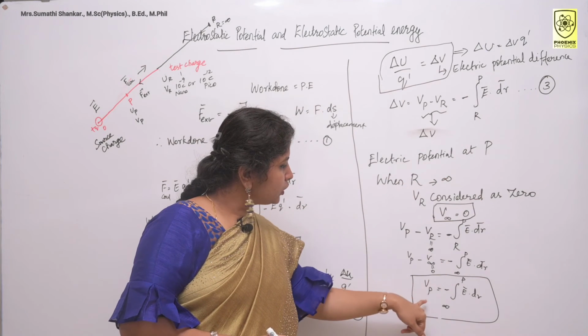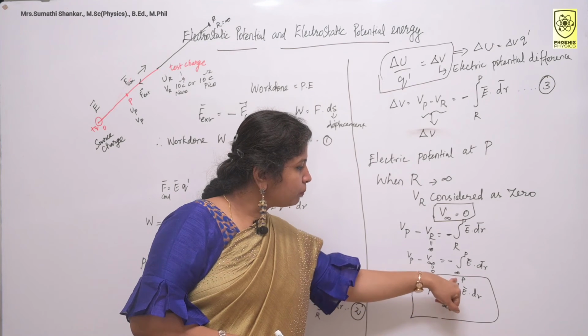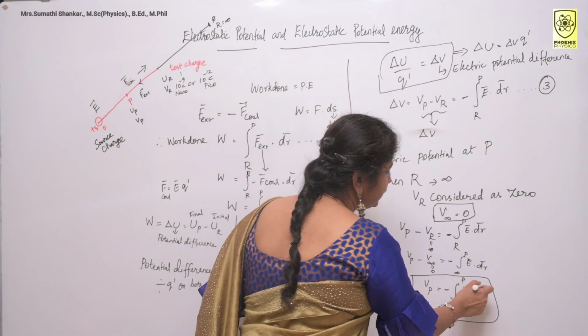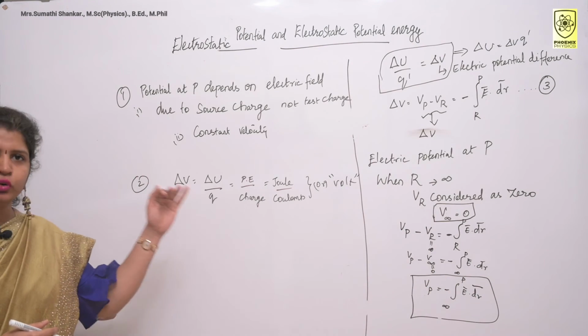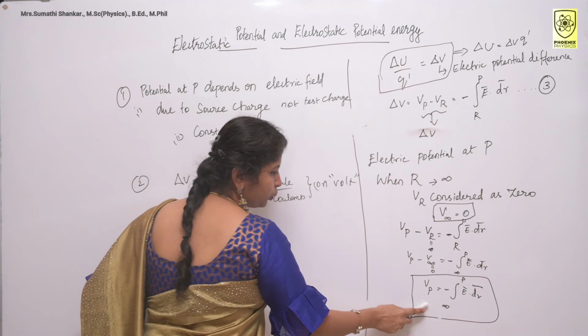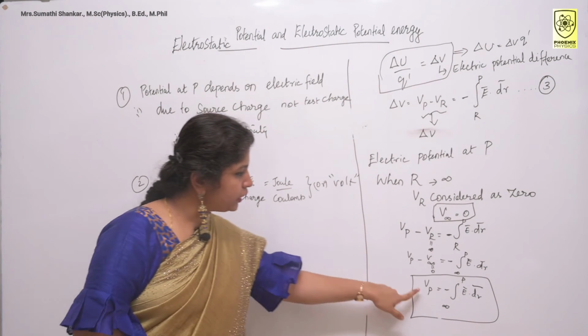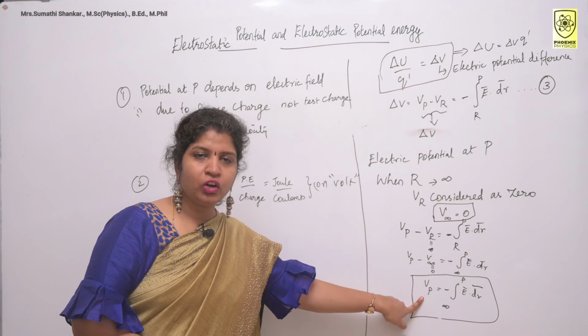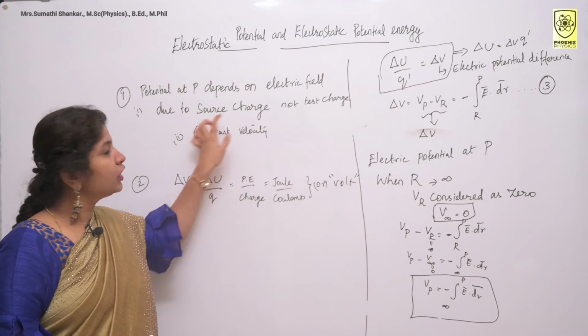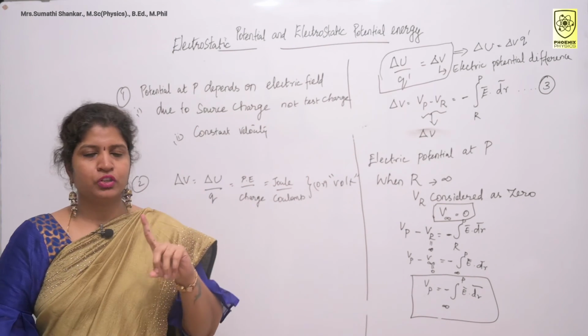For that, the equation is Vp is equal to minus integral infinity to P E vector dot dr vector. Next, we are going to discuss important aspects of this equation. Here, the electrostatic potential at P depends only on the electric field of source charge, not test charge. This is the first point.